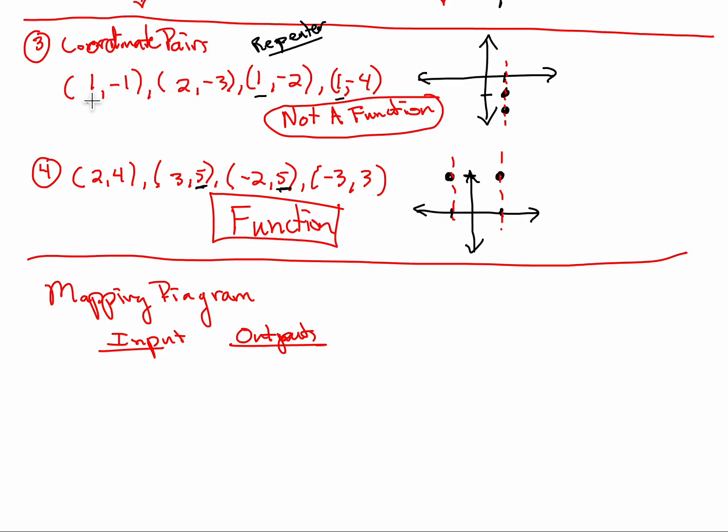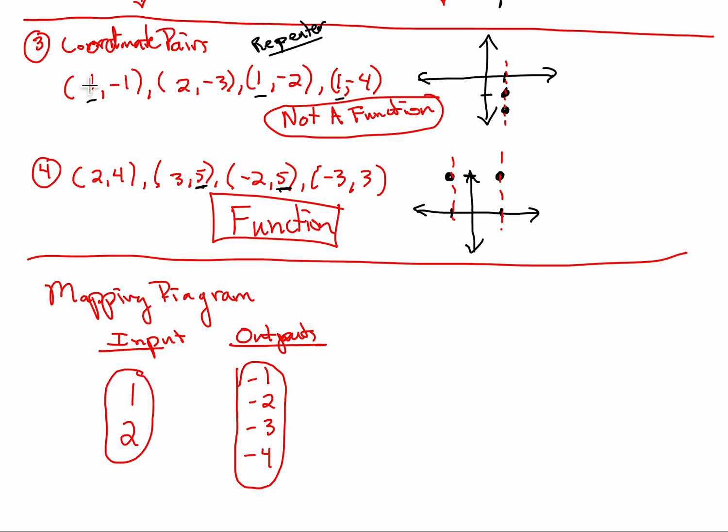So I notice my inputs are a 1, 2, 1, 1. So remember, no, we don't rewrite them. We just write a 1 in the group and a 2 in the group. Now the outputs were -1, -3, -2, and -4. So I'll start with my -1, -2, -3, and -4. I like to do mine in a nice organized order. Now I'm going to map them with arrows.